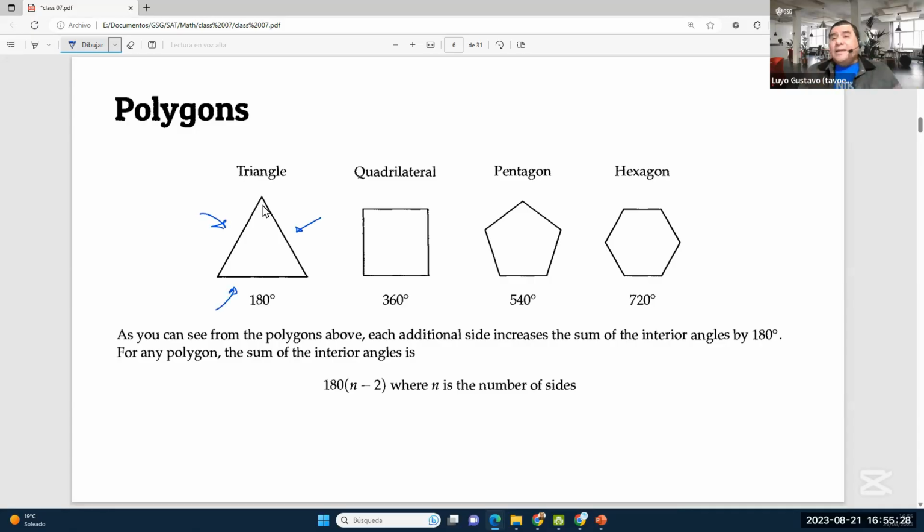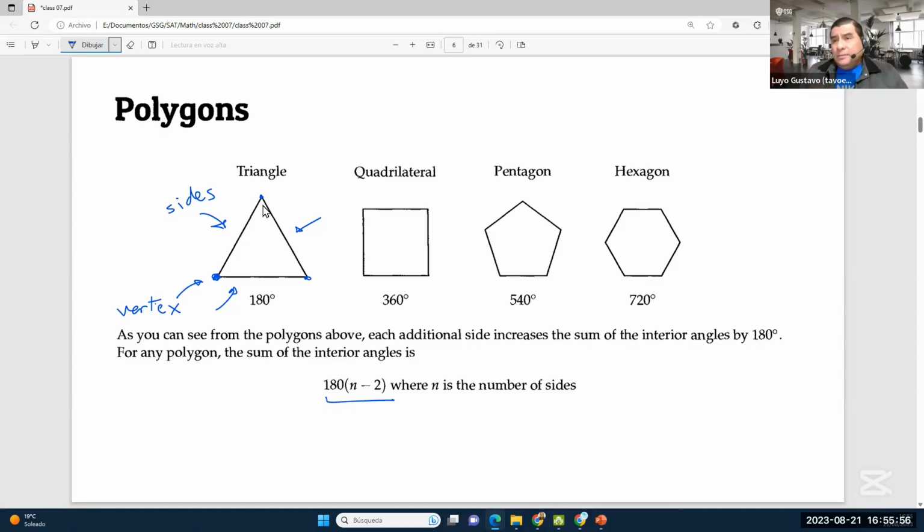So we call them sides, and these endpoints, these joints, we call them vertices, right? These are sides, and this is called a vertex. Vertices in plural. All right, so how do we determine the sum of all their interior angles? There is a formula here.